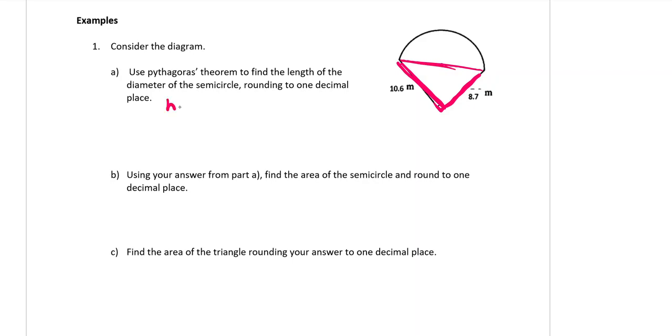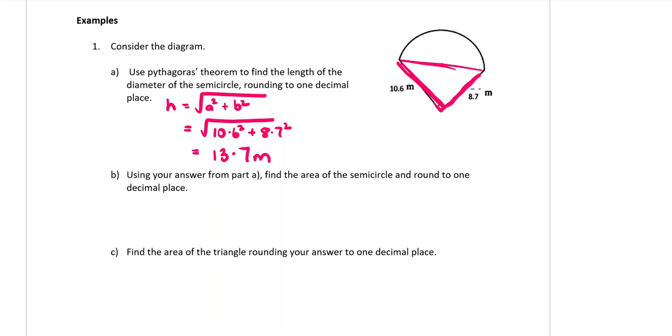So we go h for hypotenuse equals square root of a squared plus b squared. And subbing in my numbers, I get 10.6 squared plus 8.7 squared. To one decimal place, that gives me 13.7 meters.